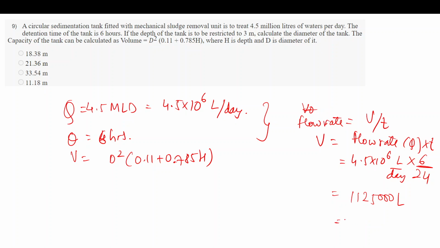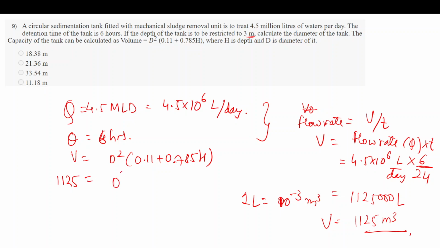Now convert it into meter, because the depth is in meter and the diameter also you need in meter. 1 liter is equal to 10 to the power minus 3 meter cube. So divide this by 1000, and you will get the volume in meter cube, which will be 1125 meter cube. Now put this value of volume here.